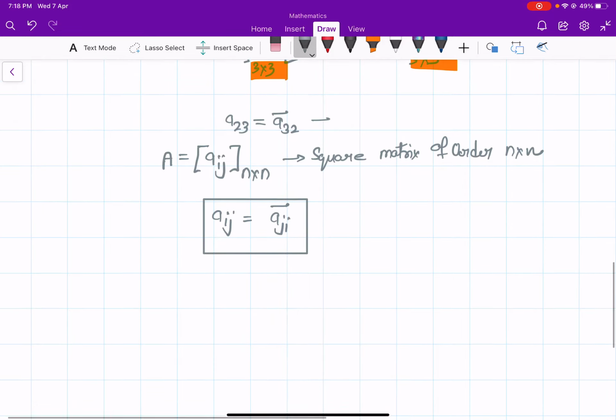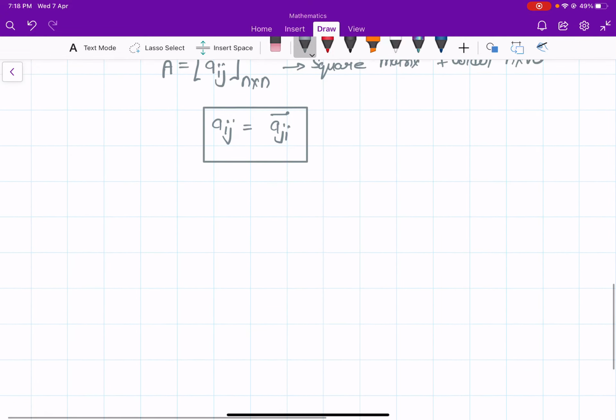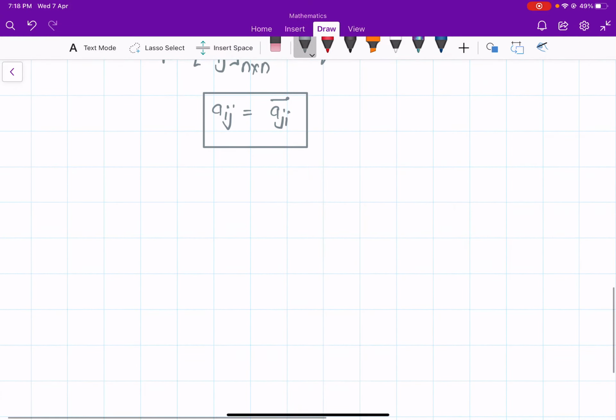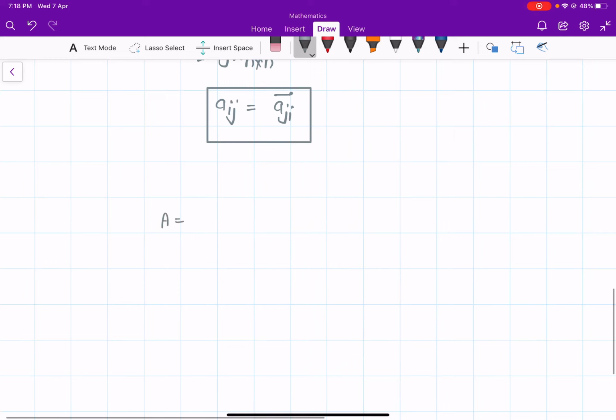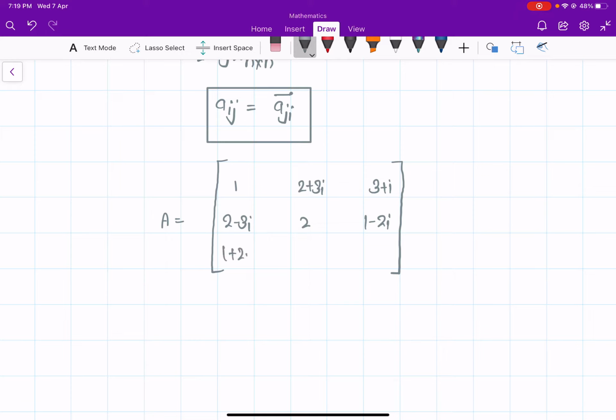Now we will see an example of a Hermitian matrix. A will be equal to: 1, 2 plus 3i, 3 plus i; the next row is 2 minus 3i, 2, 1 plus 2i; and the last row is 3 minus i, 1 minus 2i, 5.